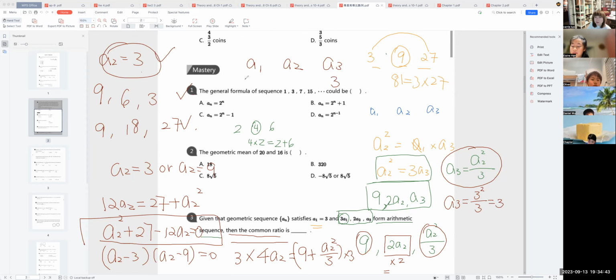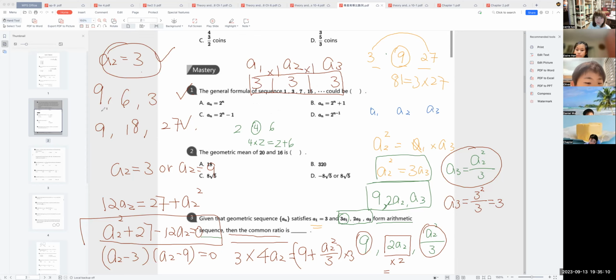So 3, 3, 3. 好，这个时候有个小朋友说了，老师啊，if we have 3 same numbers, is it a geometric sequence? Can I say it is a geometric sequence? Can we say it? Yes, with a common ratio of 1.